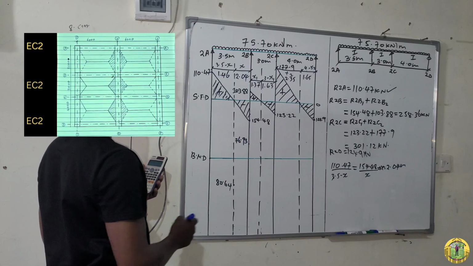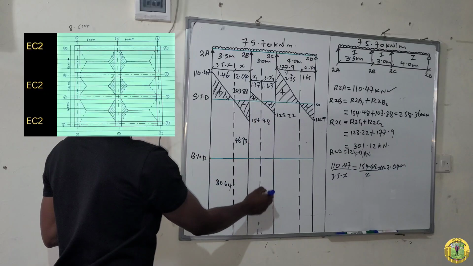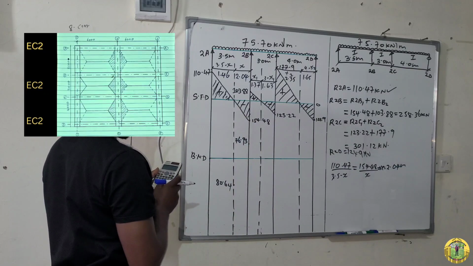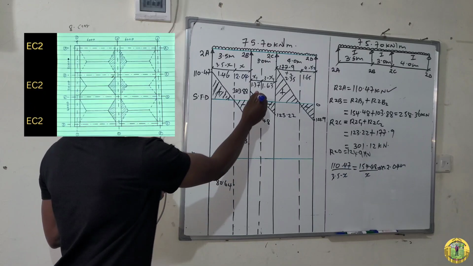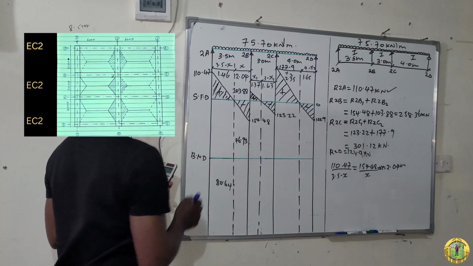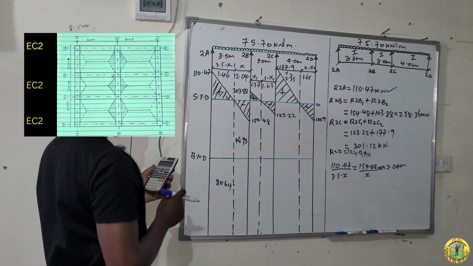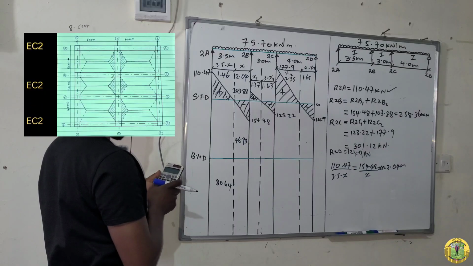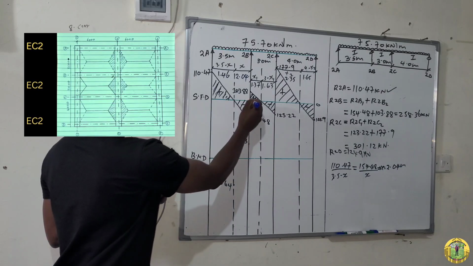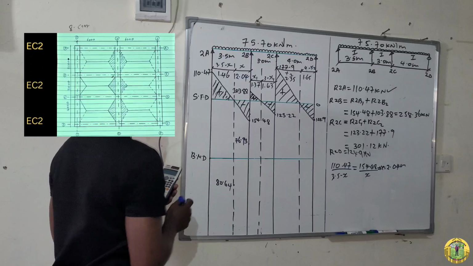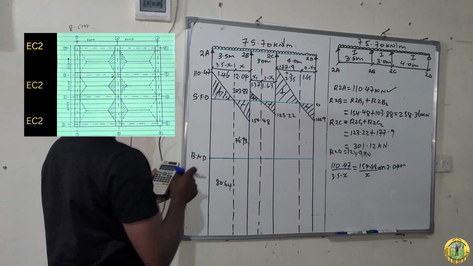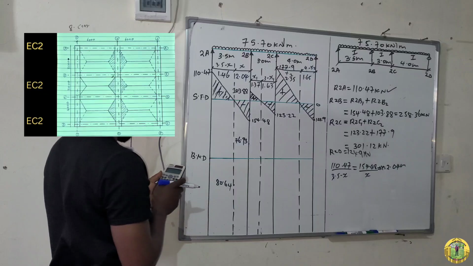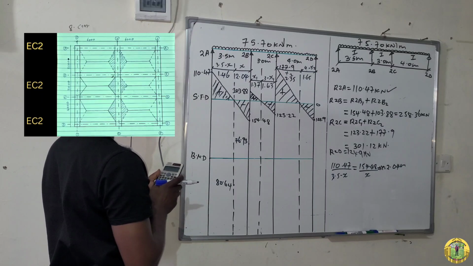After that, we come to this line. So you will add negative 76.93 plus the area of this shaded shape, which is 0.5 times base from here to here, which is 1.37, times height, which is 103.88.